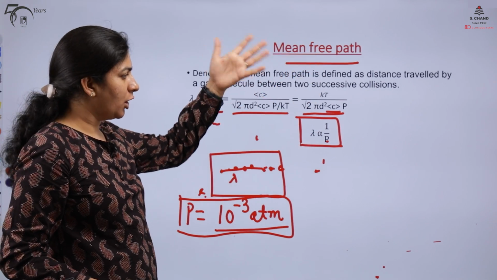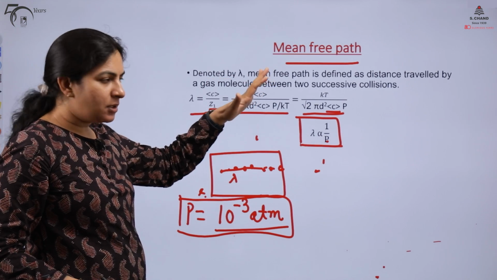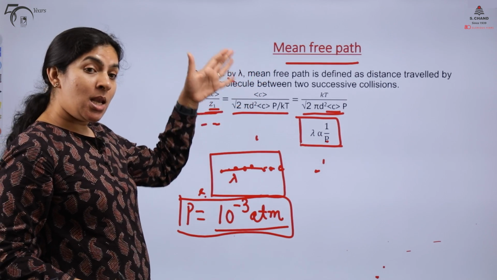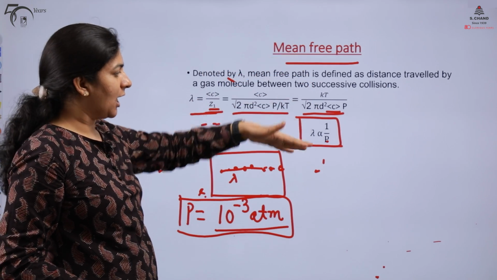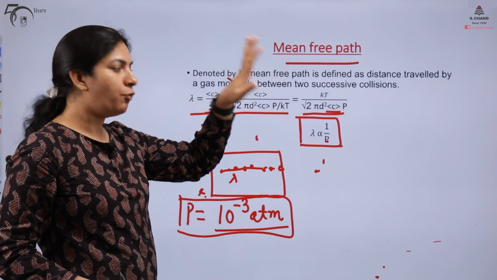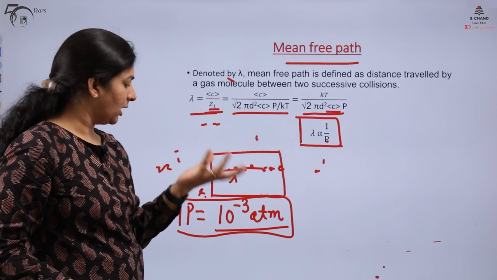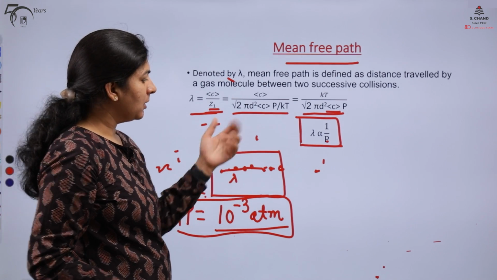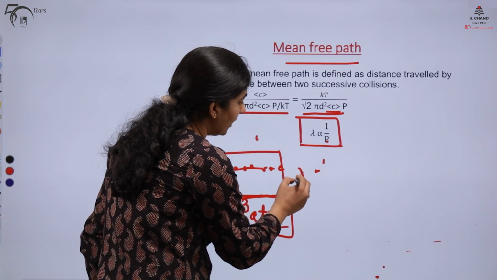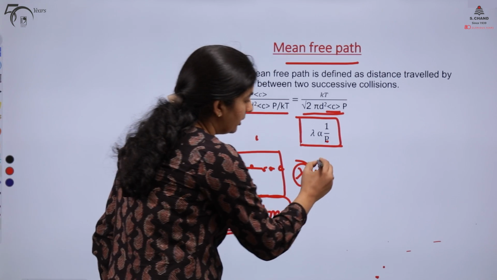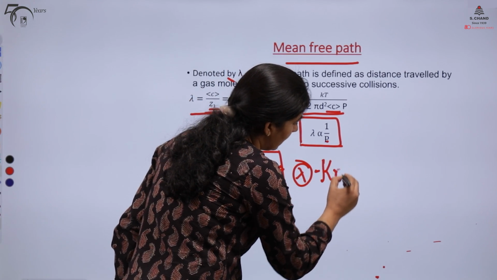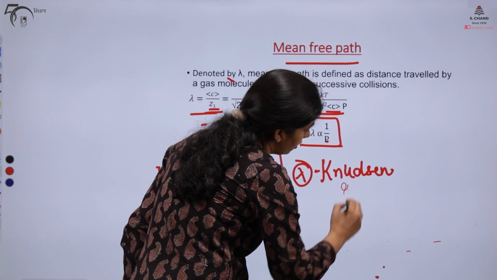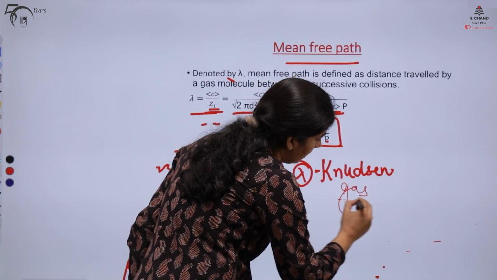That means the molecule will travel to the walls with fewer collisions before contributing to the pressure, and such a gas, where lambda is very high, is called a Knudsen gas.